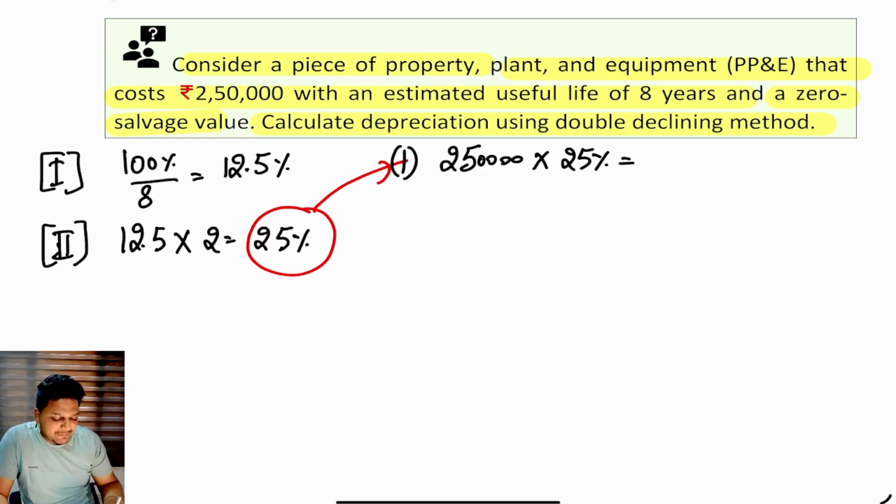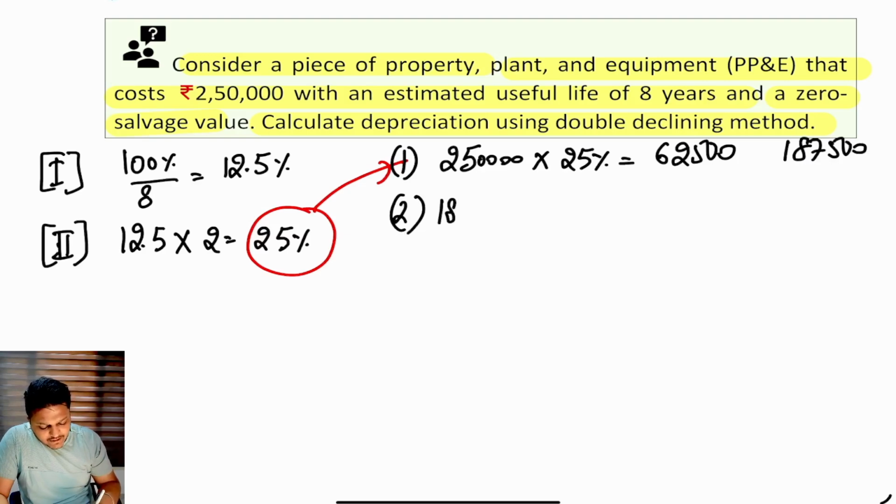It came out to be 62,500 as the depreciation amount for the first year, and the net book value will be equal to 2,50,000 minus 62,500, that is 1,87,500. This is your net book value after the first year. The second year will be equal to 1,87,500 multiplied by 25%. That is equal to what?